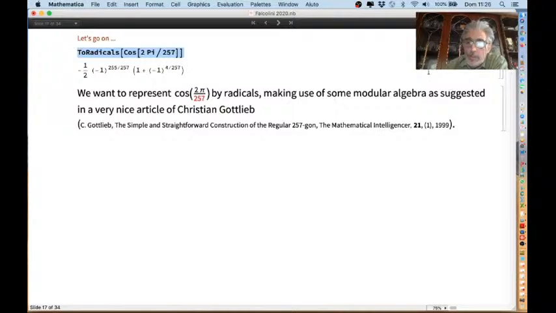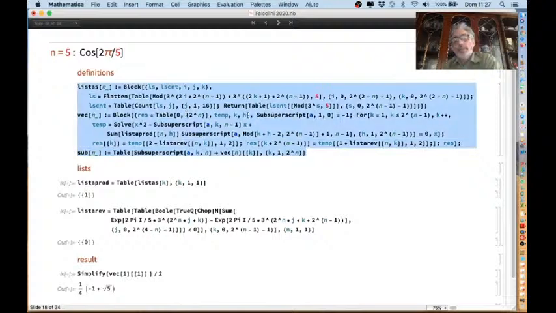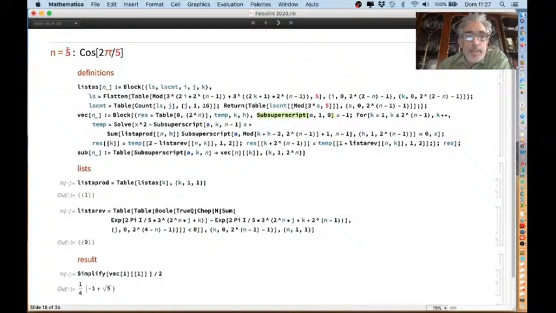Using his constructions, we can write down a code which is not so long for n equal to 5. The use of modular arithmetic is written here. We get the modulus 5 of all possible powers of base 3 raised to some integer power.